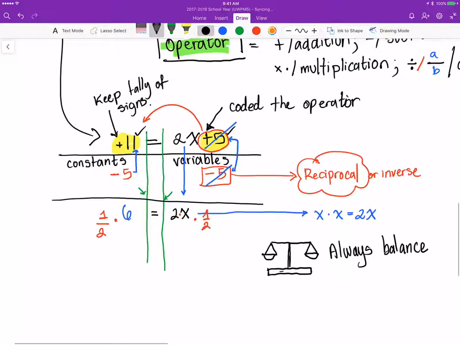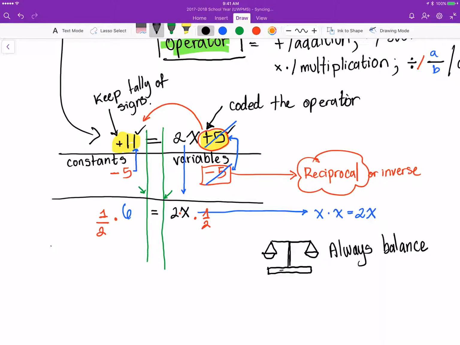Okay, let's go ahead and solve this. 1/2 times 6 equals 3. And my 2's over here will cancel, because 2 divided by 2 equals 1.